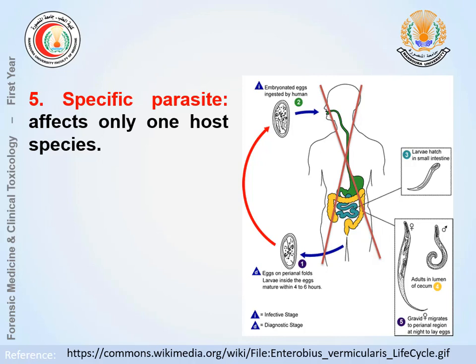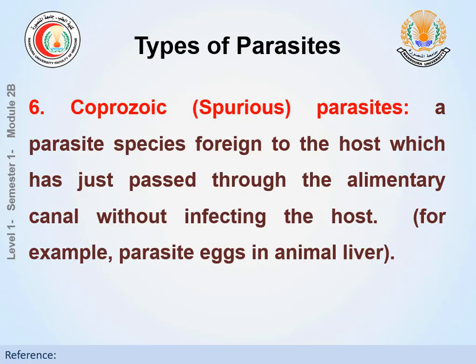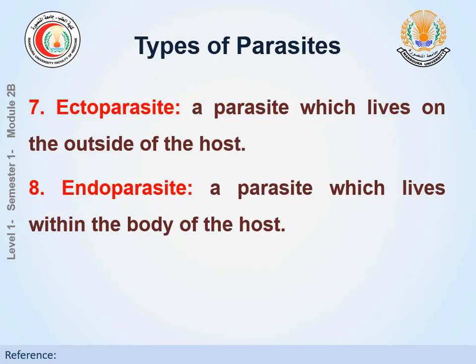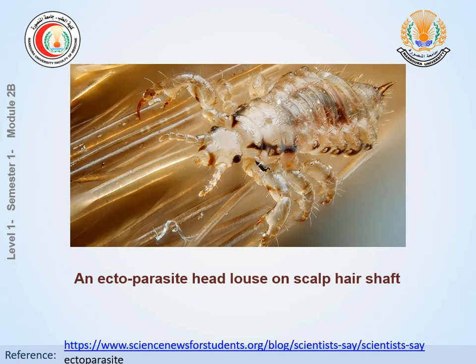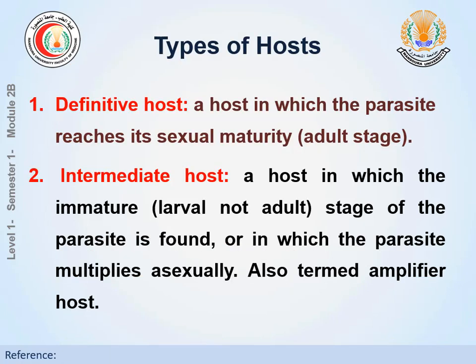The importance of this is you can easily control such infection by proper treatment of the affected cases. When the parasite species is foreign to the host but just passes through the alimentary canal without affecting the host, it is coprozoic. Finally, and based on the habitat of the parasite, it is either an ecto or an endoparasite. Fine?